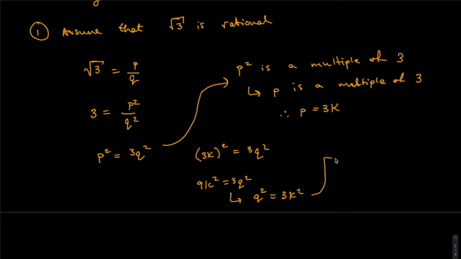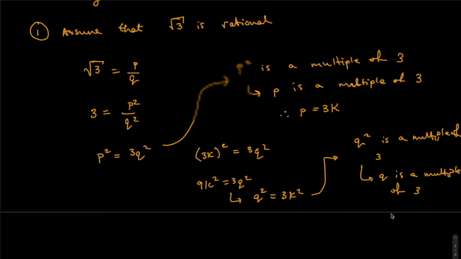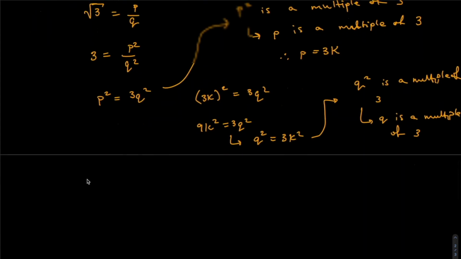So now we're doing the exact same thing. Nothing changes in this question as well. So we're saying that q squared is a multiple of 3. Therefore, q is a multiple of 3.